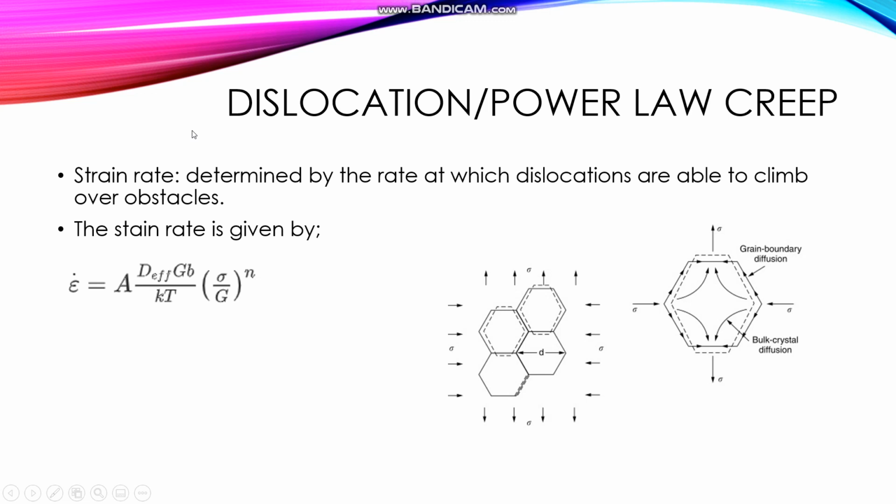As for the first one, dislocation or power law creep, the strain rate can be determined by the rate at which dislocations are able to climb over obstacles. The equation used to find the rate can be seen here, and on this side we have the schematic diagram for power law creep.